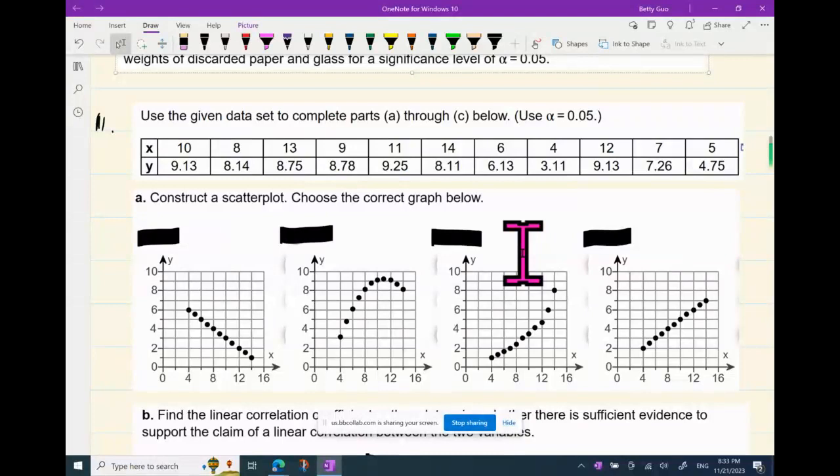Once you have those settings taken care of, push the button on the upper right corner. It says graph. In case you don't see the graph, you want to do zoom 9.